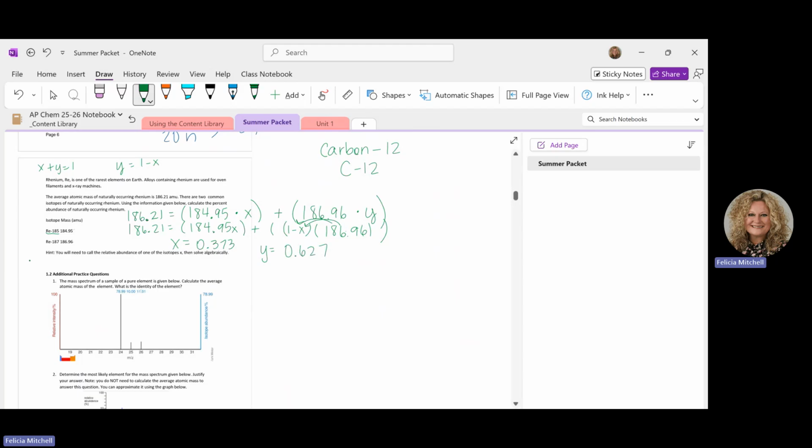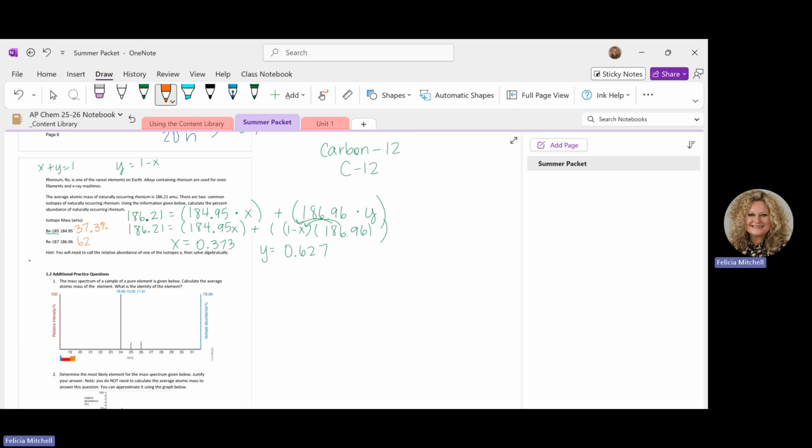And then you've got to remember that those would have been percents that you had divided by 100 to get them into decimals. So then the actual answer is 37.3% for this isotope. I'm multiplying it by 100 to get it back to a percent.